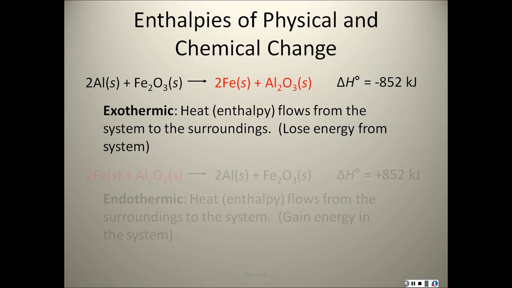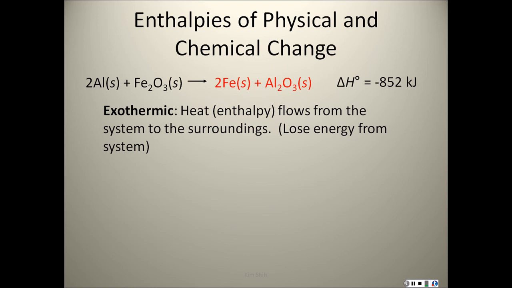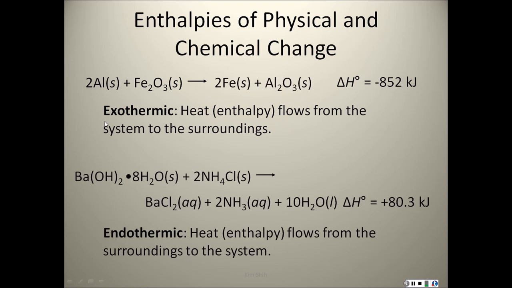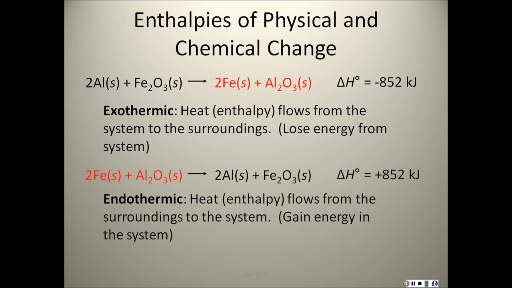If I look at these two equations, this first one, this exothermic one, on the previous slide, now we're going to look at the same exact equation in terms of the forward and the reverse reaction. So what you're seeing at this top one is the forward reaction is exothermic.